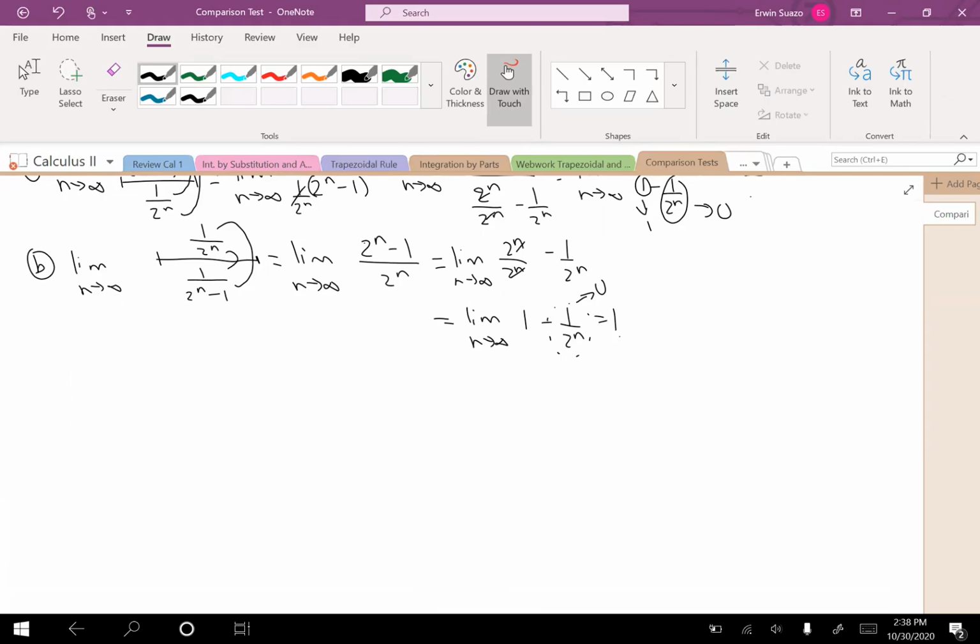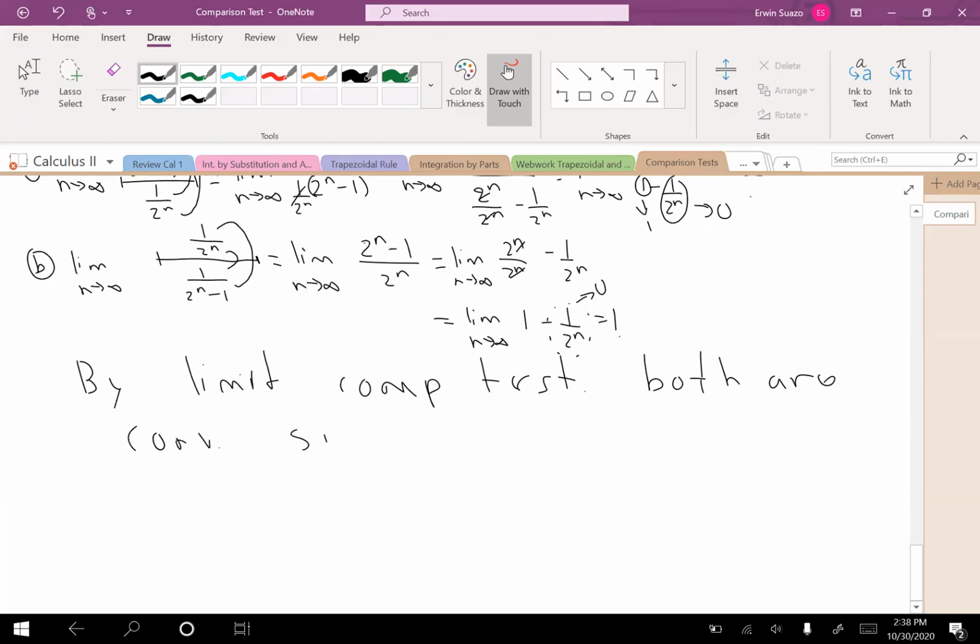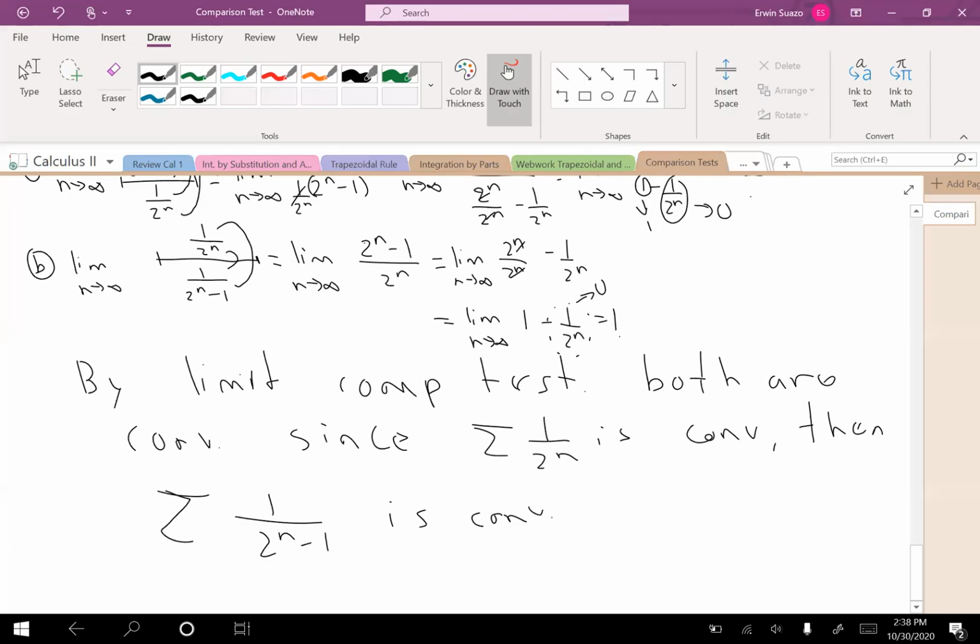The answer is it doesn't matter as long as you can find the limit. So probably you just have to try both, and go for whatever limit you can find. So by the limit comparison test, both are convergent. Since the sum of 1 over 2 to the n is convergent, then the sum of 1 over 2 to the n minus 1 is convergent. Okay?